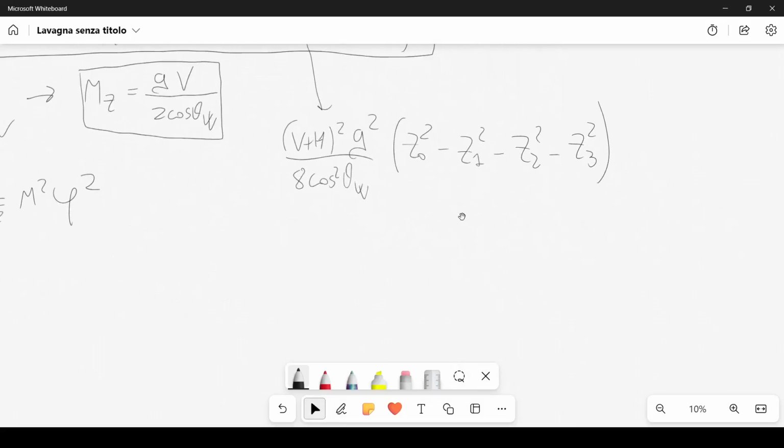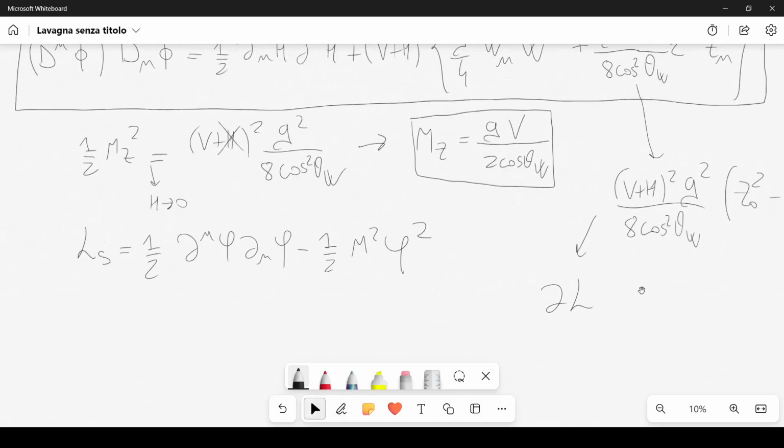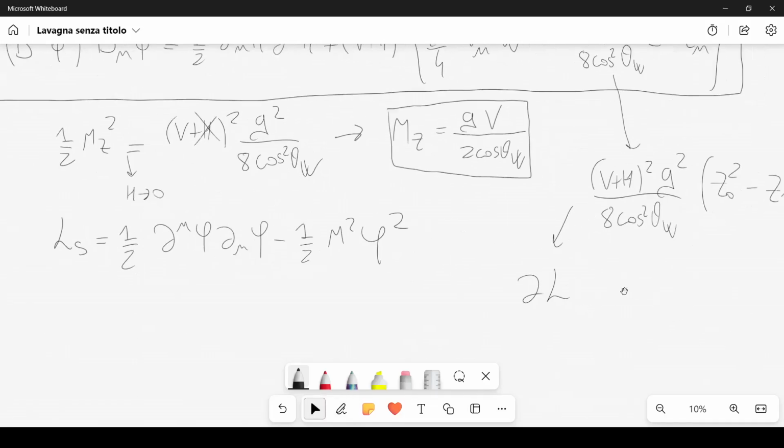So you can see that if we consider the Lagrangian in particular, we can call it L. So it is a Lagrangian which can contain also other interactions. So not only the field phi, but also other fields.